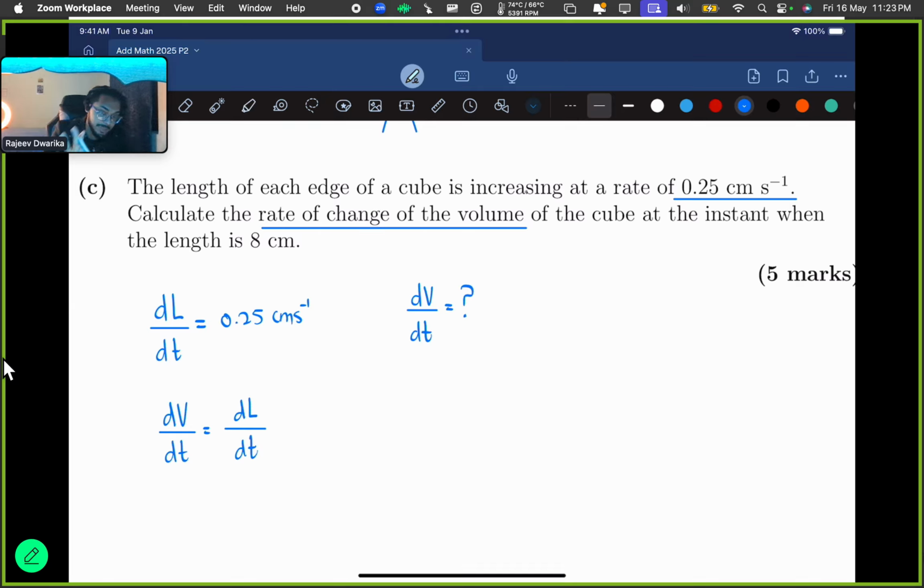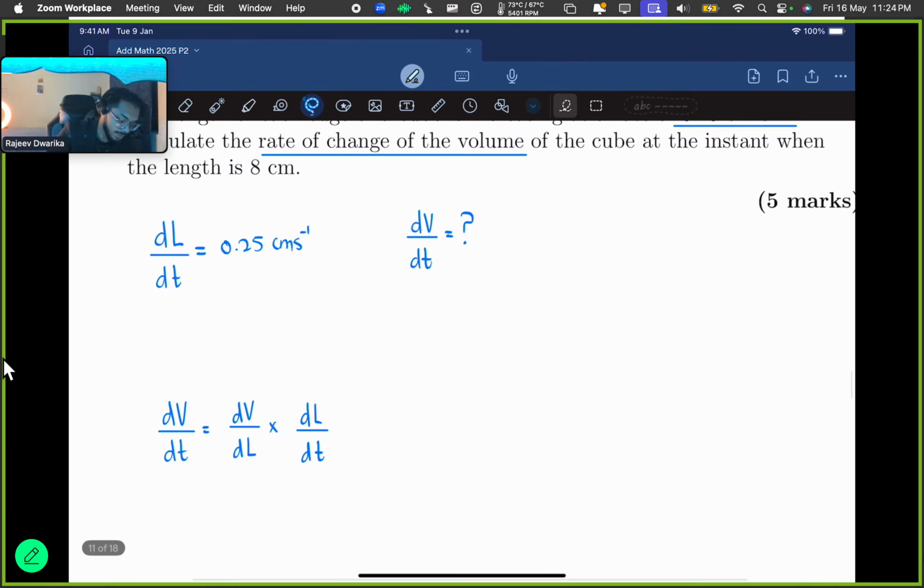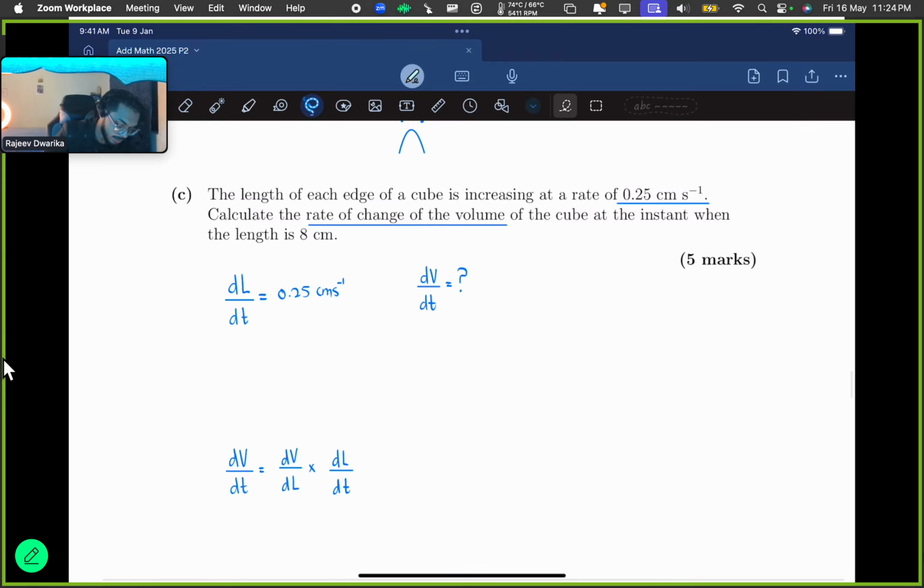But I want you to notice something. Shouldn't that be dv over dl by dl over dt? Yes or no? Yes, the dl cancel. So what do you think I should do with dl dt?